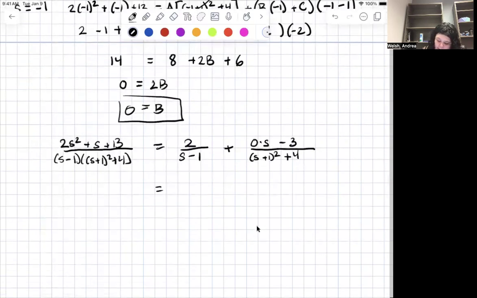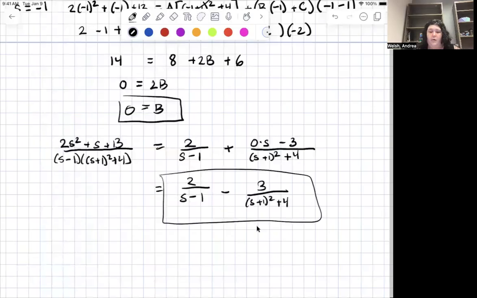So if you wanted to simplify this slightly more, we have 2 over S minus 1 minus 3 over S plus 1 squared plus 4. And that is how we have broken up this one. So the last example that typically comes up is repeated roots.